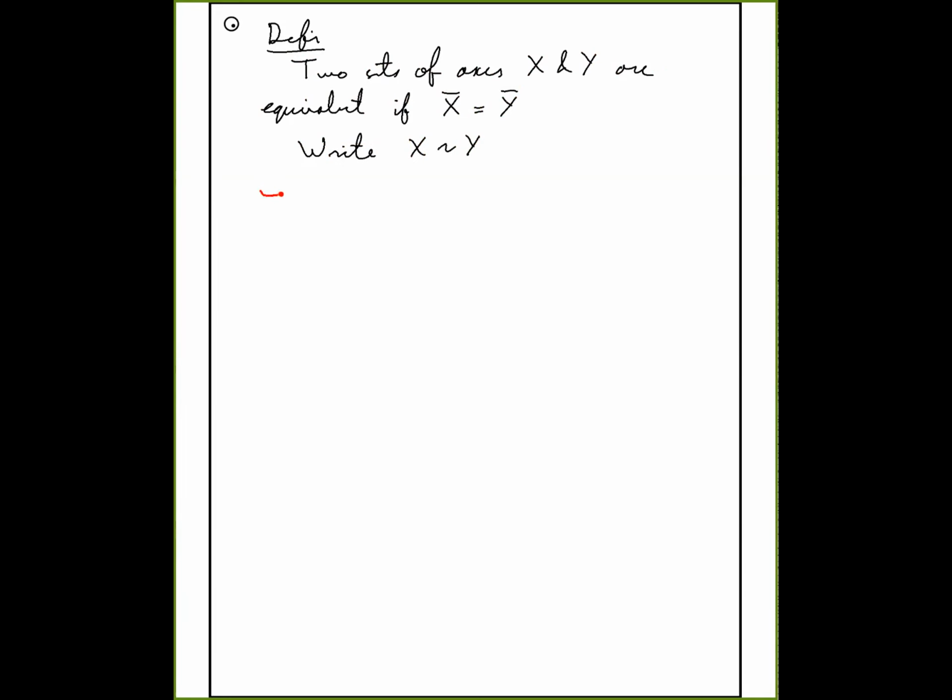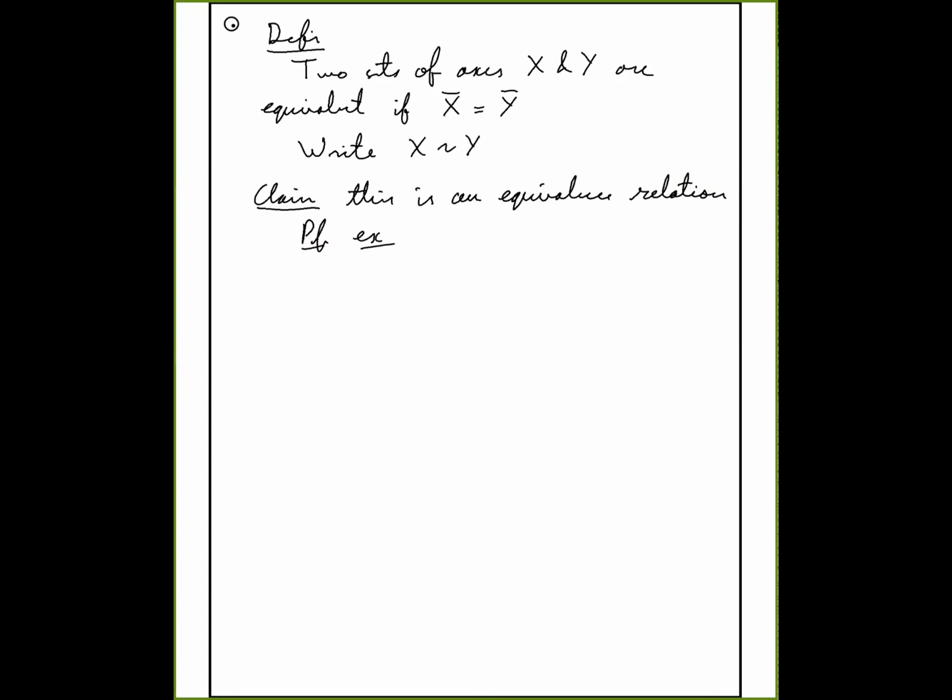And so I claim that this is an equivalence relation. The proof of this is an exercise. You can check this. And what have I just shown?